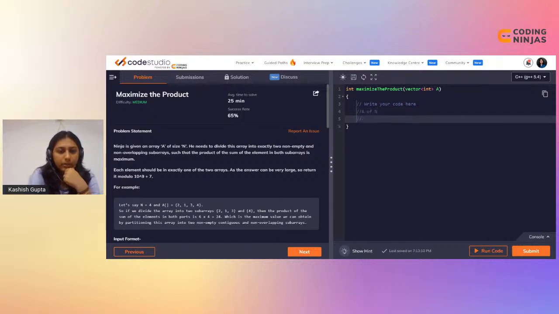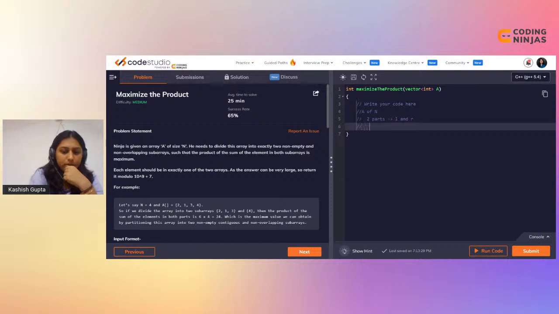So that means it will be divided into exactly two parts, left and right, such that the product of sum in both subarrays is maximum.